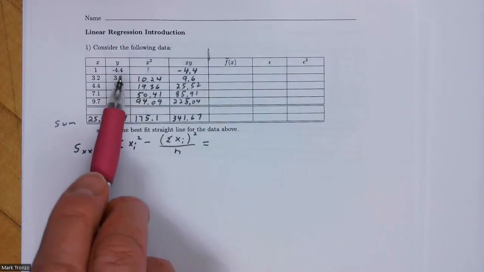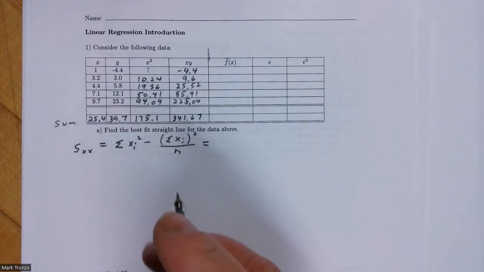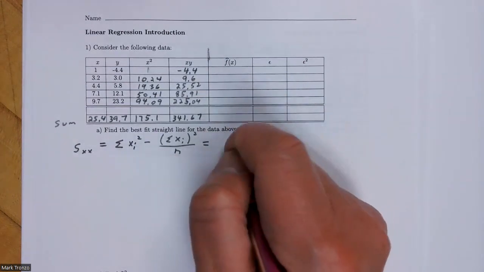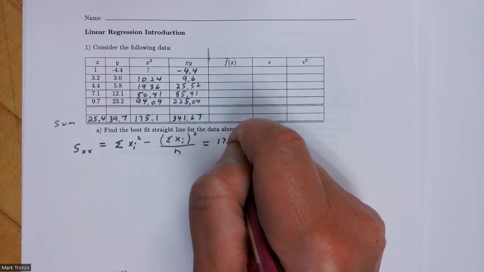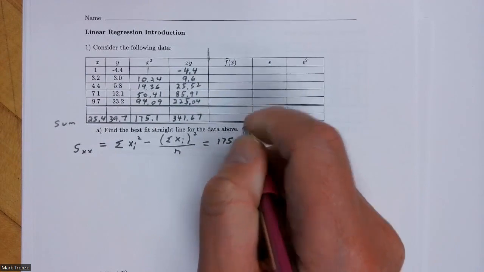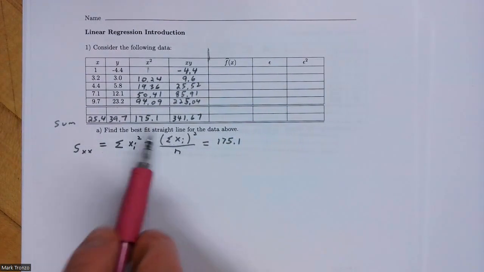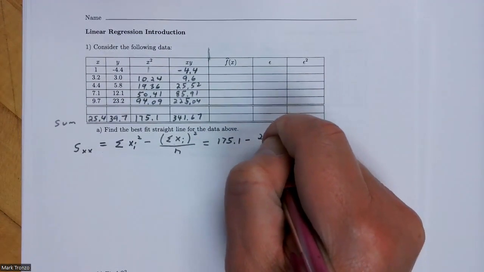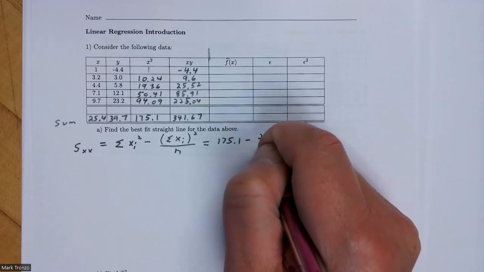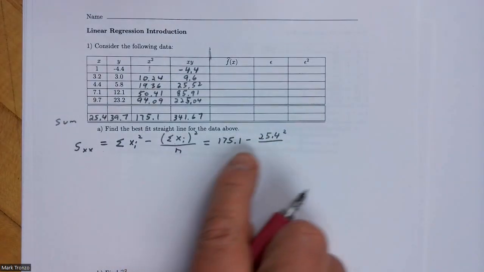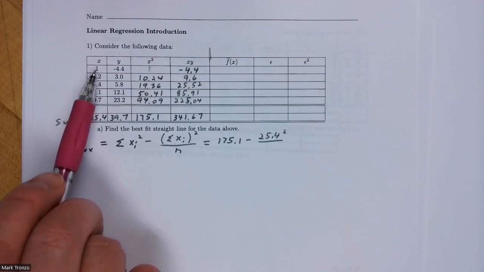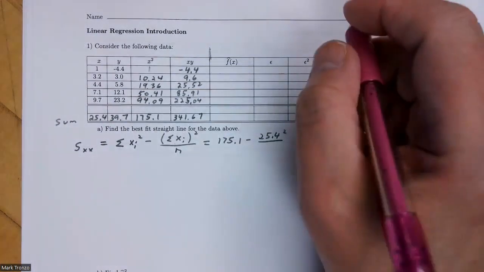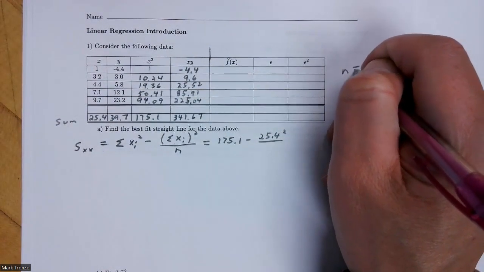The xi squared sum is going to be 175.1. And then the sum of the x's is this one over here, 25.4, and that quantity's got to be squared. And that's over n. So n is the number of values we have here, and n is going to be 5.